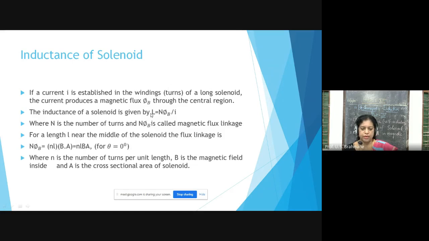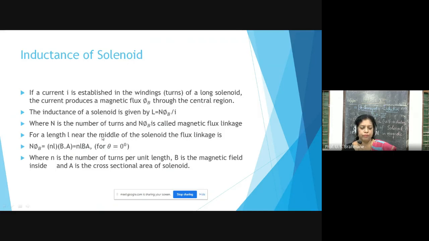Since there are number of turns for the solenoid, L is equal to N phi b upon I, where N is the number of turns and N phi b is called the magnetic flux linkage. Remember this, N phi b is very important.